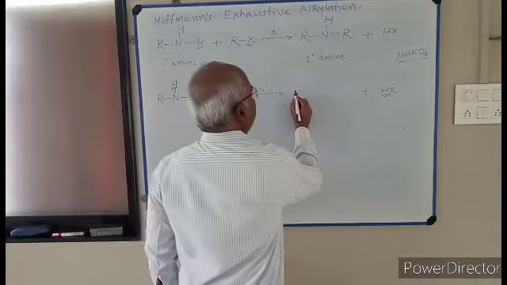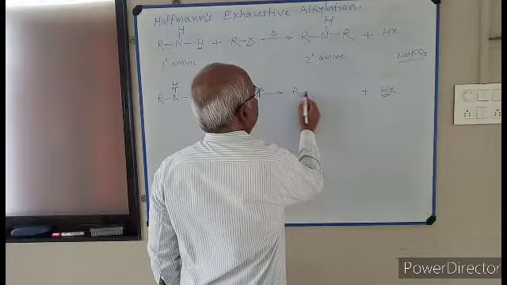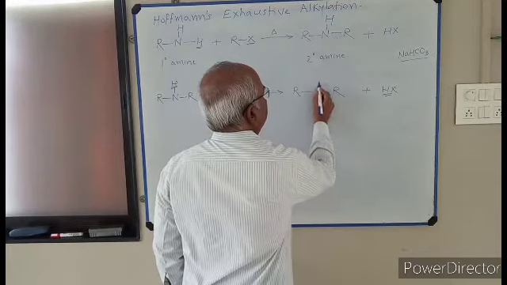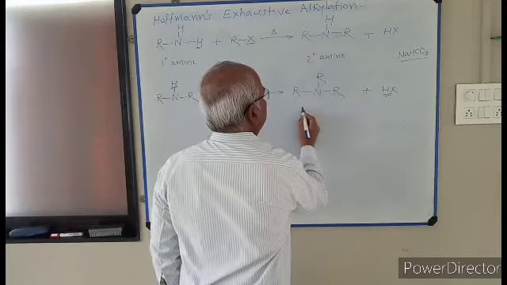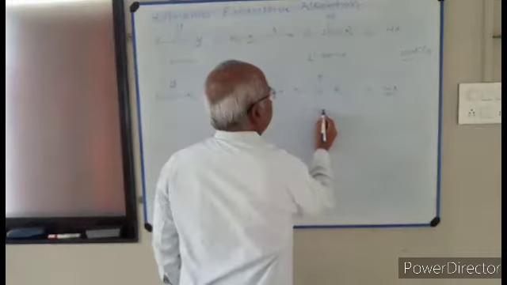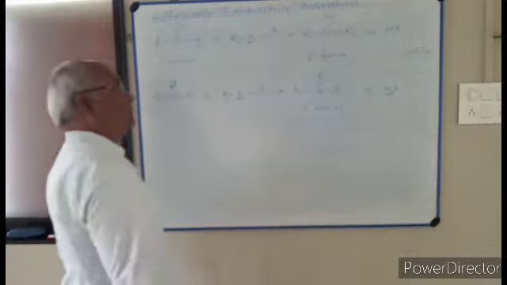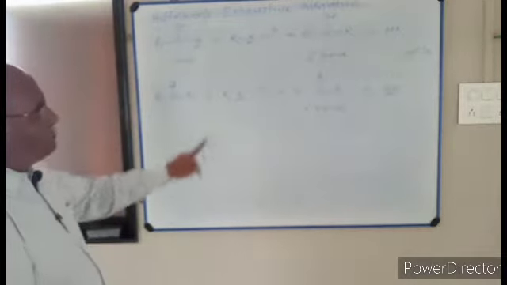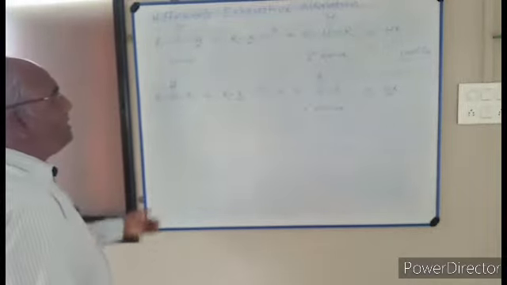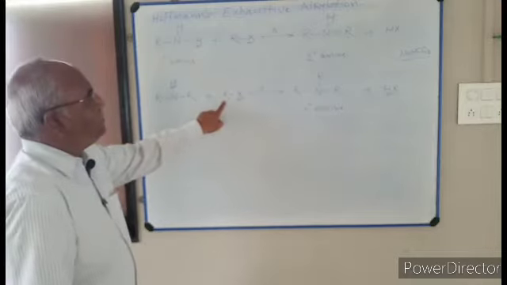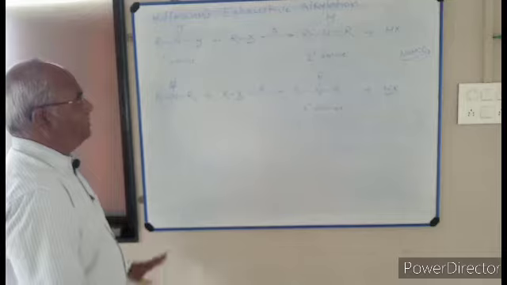The main product is R-N(R)-R. A tertiary amine is the product. This tertiary amine again undergoes alkylation when heated with alkyl halide.